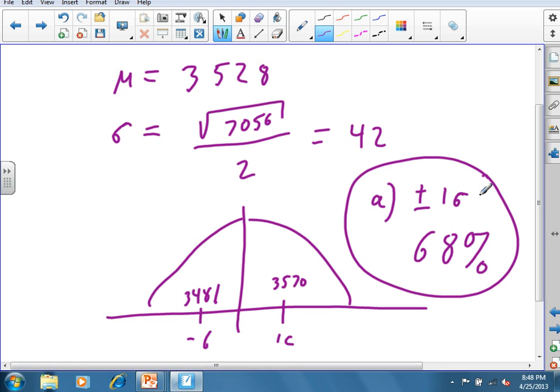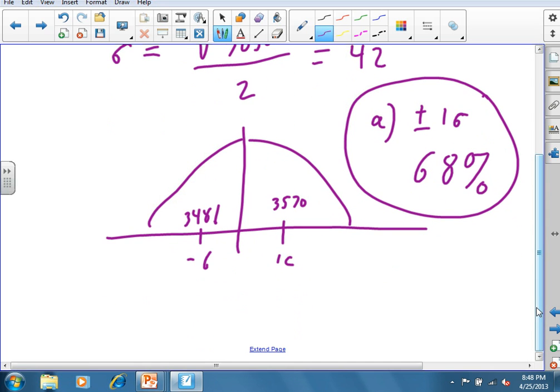Okay, the number of females in the sample is less than 3486. If 3486 is here, that means I have 16% on the bottom, right? 16% down there and 16% over here, because I have 32% left over.